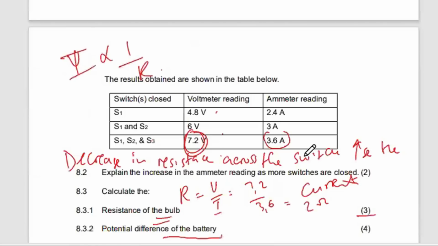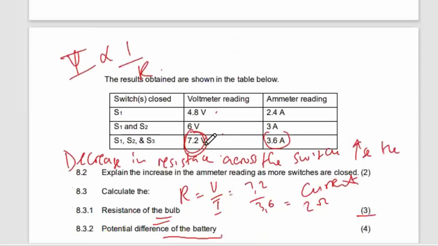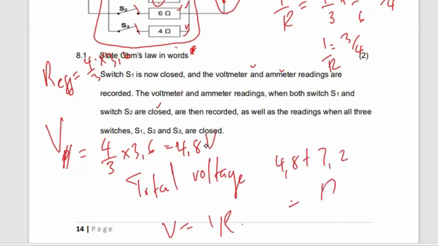Did we get 3,6 as a current? Yes. I'm getting 4,8 volts. But now we know that this was 7,2. So total voltage will be the 4,8 and then the 7,2, which gives us 12 volts. Okay, so that is how that question would have been approached.